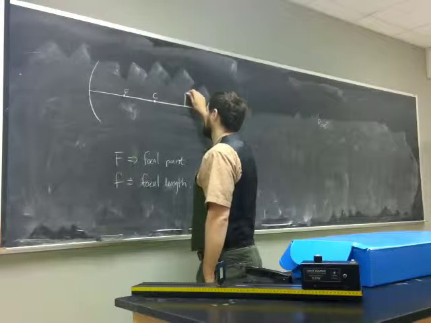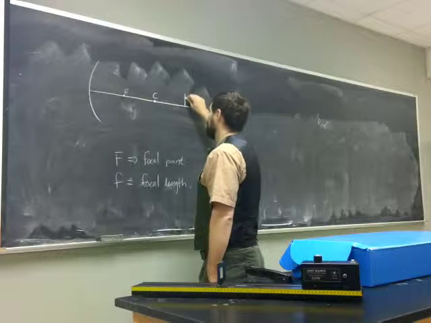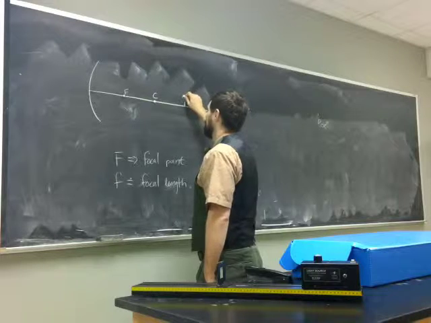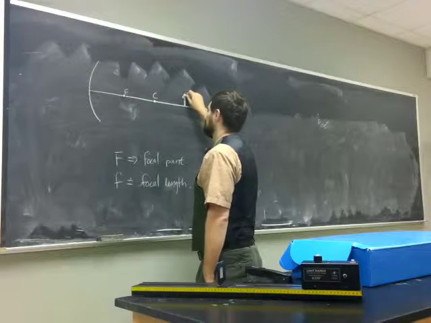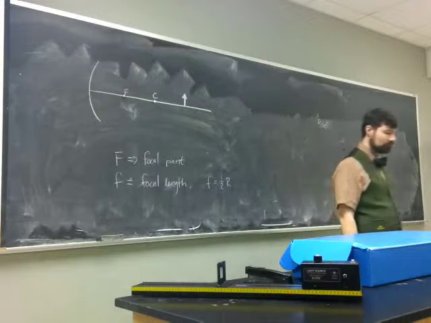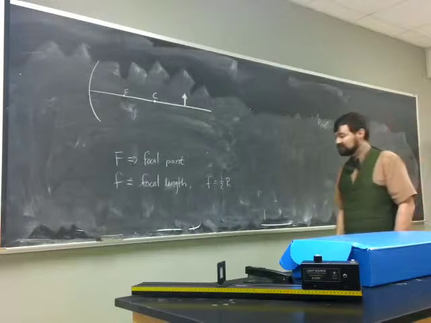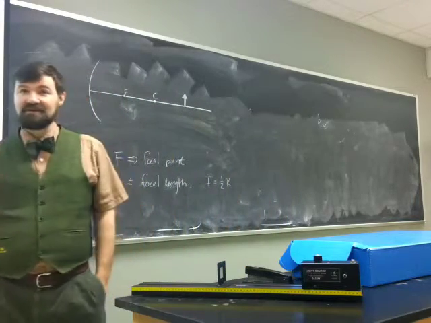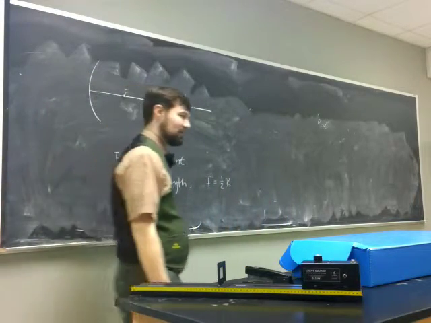And to make our diagram easy, the object that I'm going to place will just be sort of a stick figure or an arrow. Now I need to draw some rays that come off of this object.